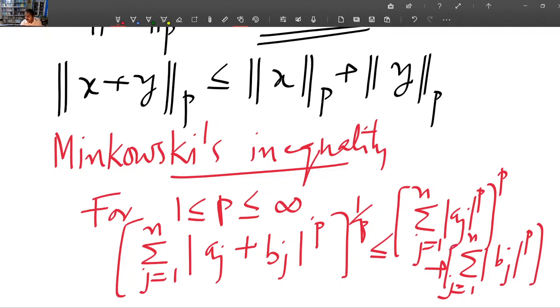So we have this inequality, Minkowski's inequality. Using this we can prove the triangle inequality.